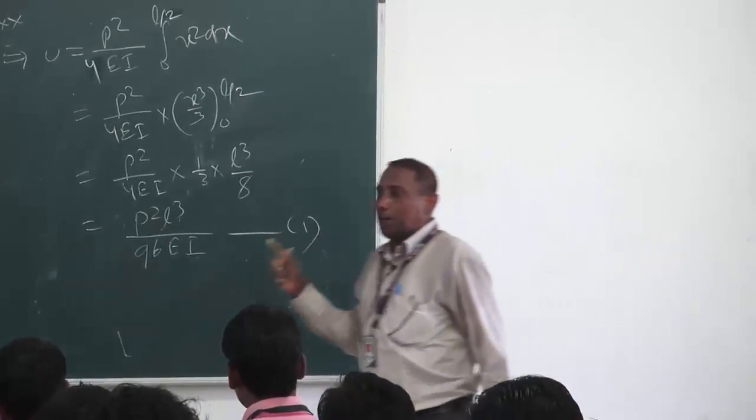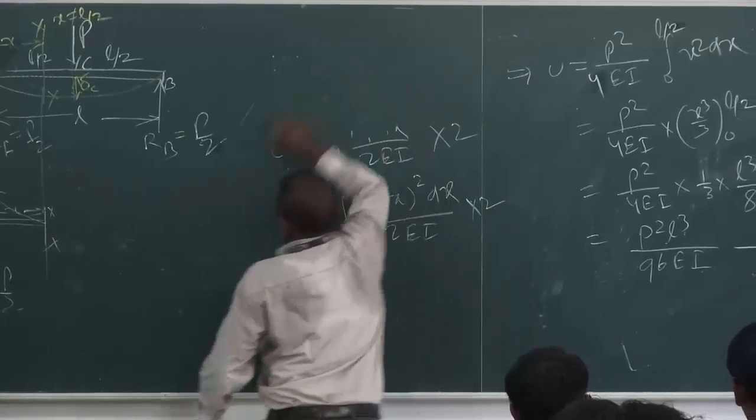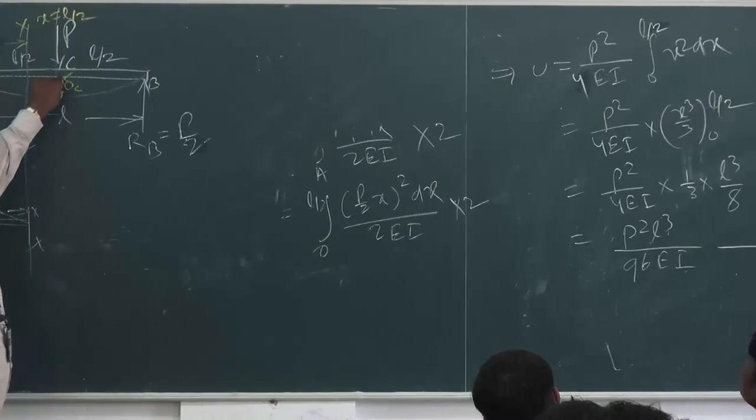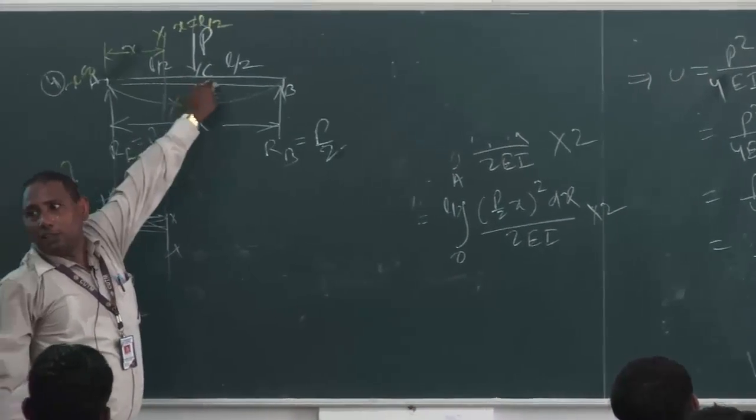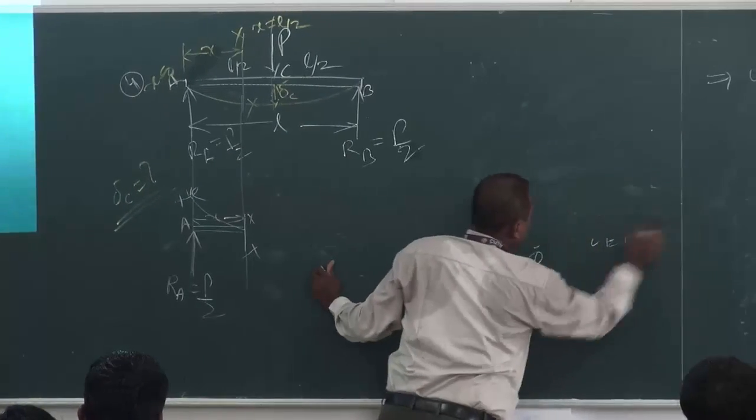So we calculated the U value here. Then our main objective is to find the deflection delta at the center C, and we have to apply the strain energy method.